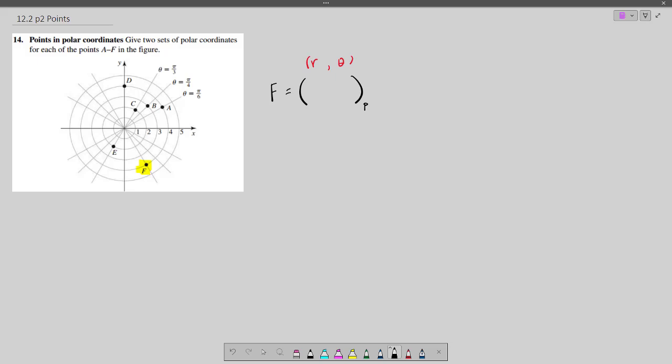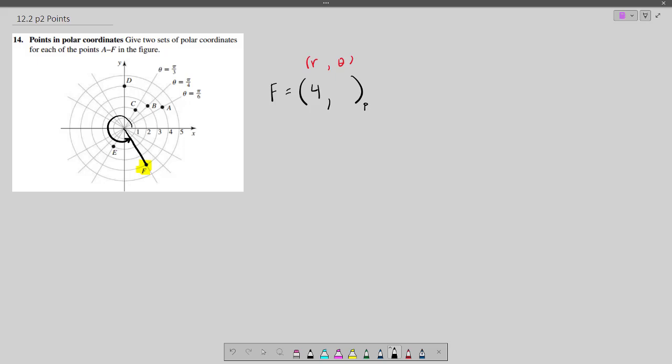Let's look at F. How far is F from the origin? It's this distance from the origin: 1, 2, 3, 4. I'm going to first do the standard representation, which is a positive radial value and whatever that counterclockwise rotation is: 3 pi over 3, 4 pi over 3, 5 pi over 3.